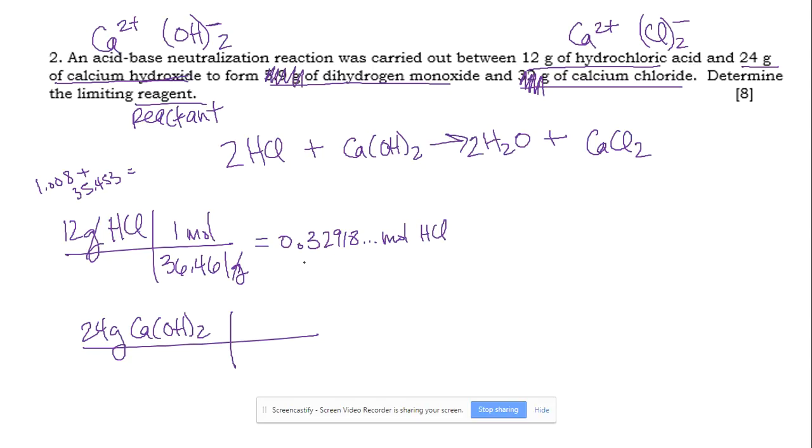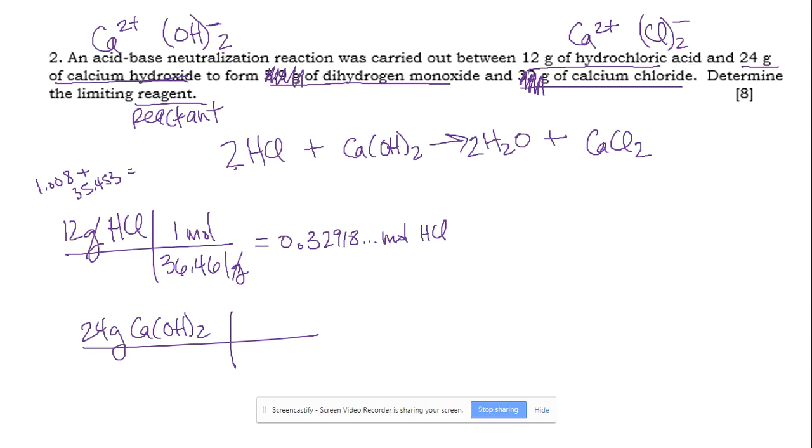We need to add in the ratio piece because having less isn't necessarily going to be the limiting if the other reactant needs 6 times more, 12 times more. And so a larger amount might not actually be more when we look at that ratio.